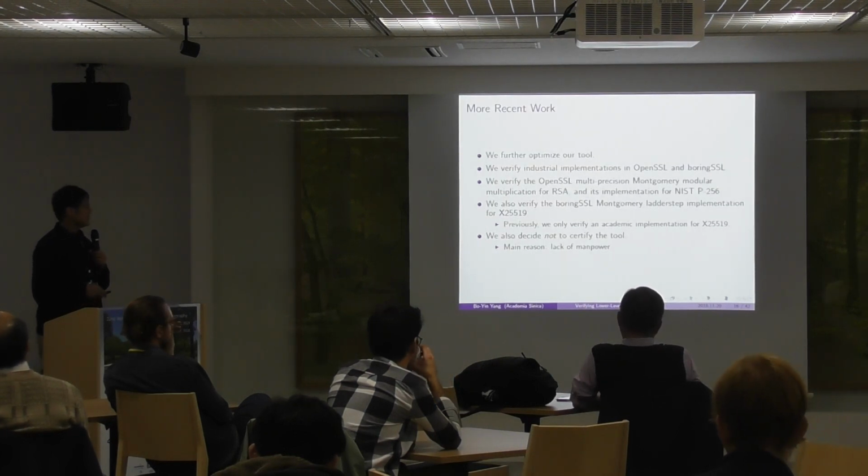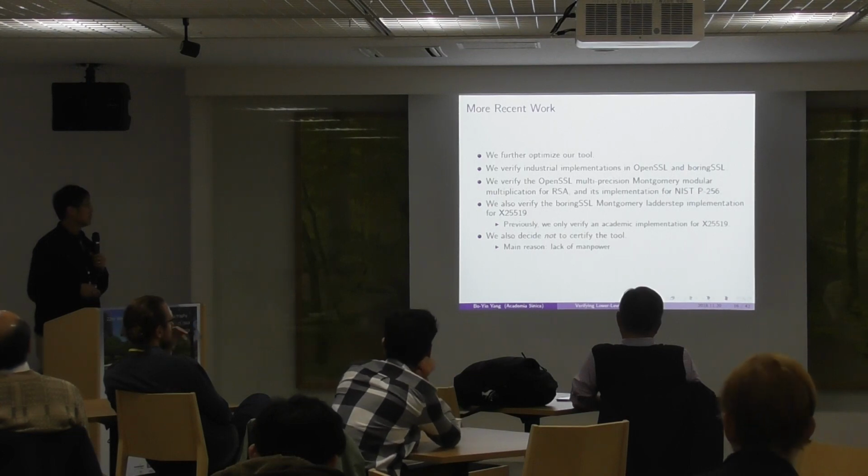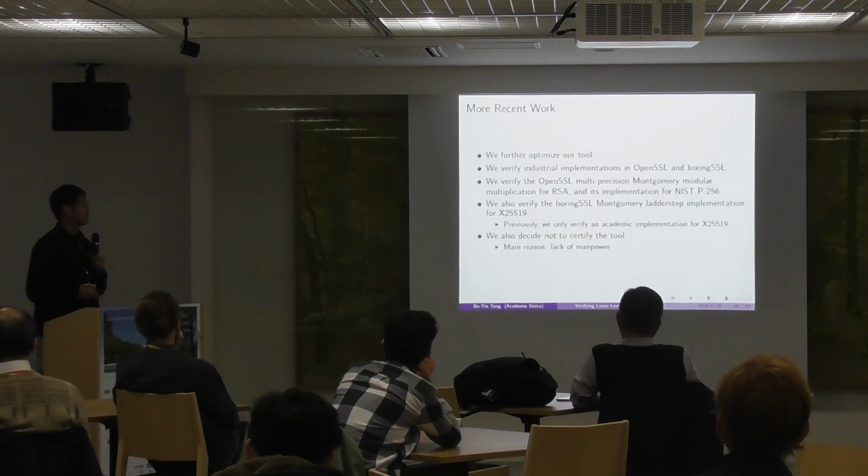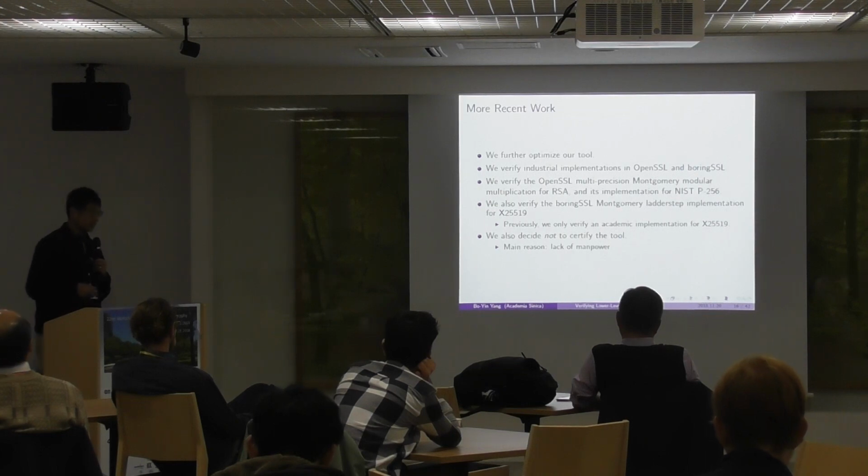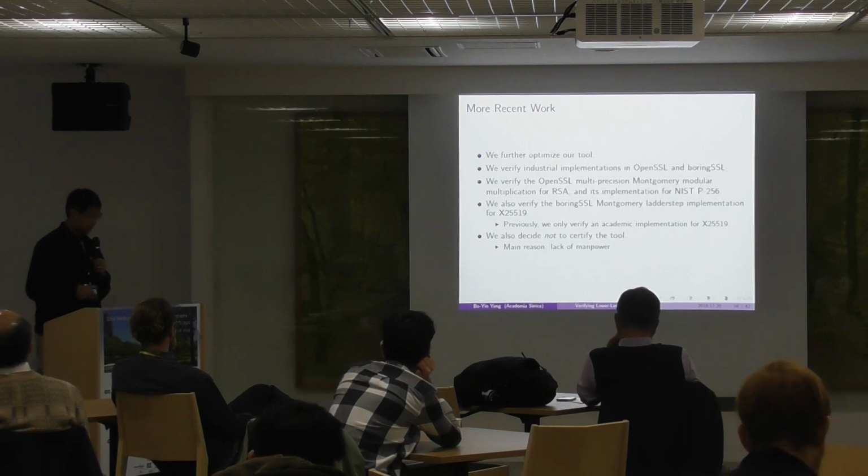So we further optimized our tool, and we verified industrial optimizations in OpenSSL and BoringSSL. We verified the OpenSSL multi-precision Montgomery modular multiplication for RSA up to 1024 bits. And we also verified the NIST P-256 Montgomery multiplication and the BoringSSL Montgomery ladder step for X25519.